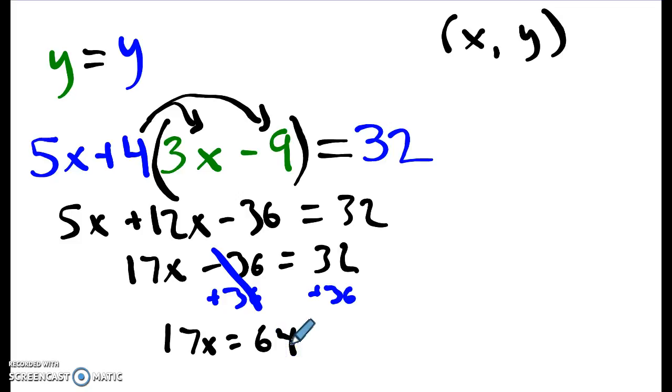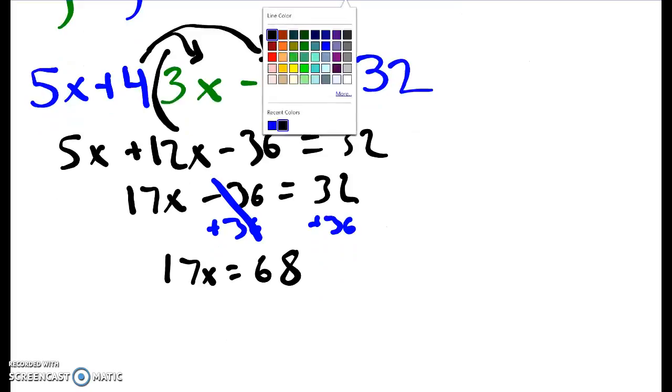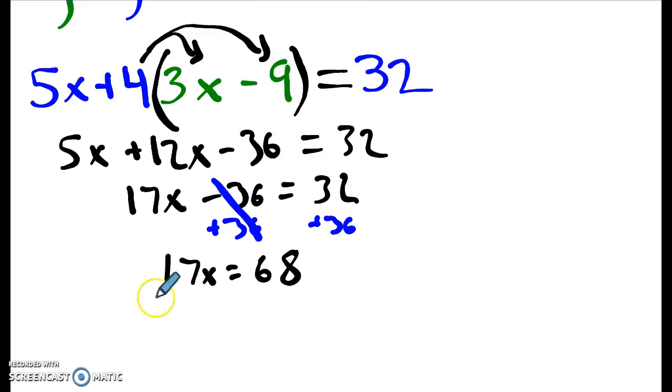Oh, and sorry, I added incorrectly. 32 plus 36 is 68. Then we're just going to divide both sides by 17 to get us that x equals 4.